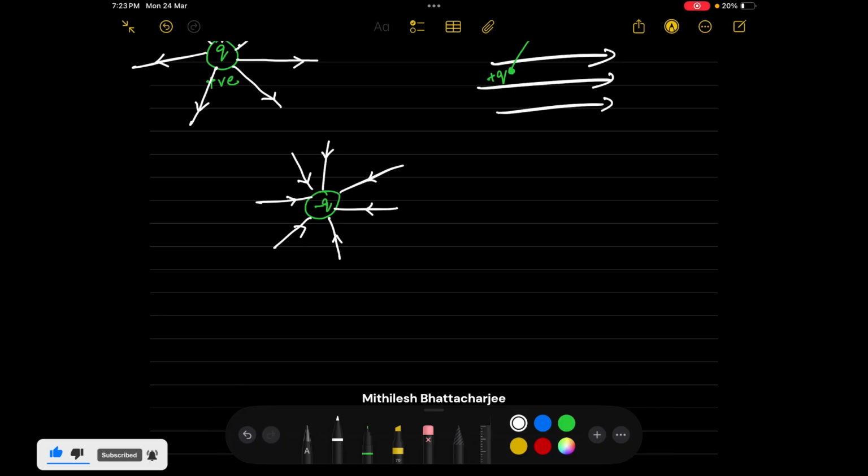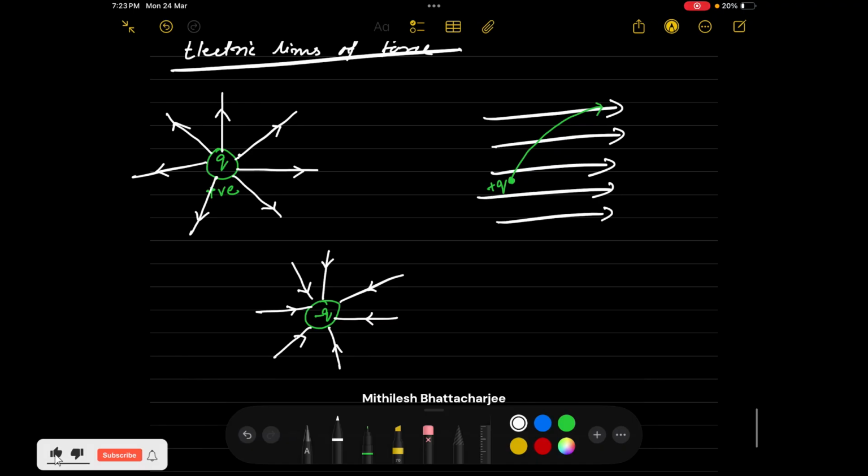Right. So the definition of electric lines of force is: the imaginary straight line or curved path along which a positive test charge is supposed to move when free to do so in an electric field. When it is free to move in the electric field, then the imaginary curve or straight line is known as the electric line of force.